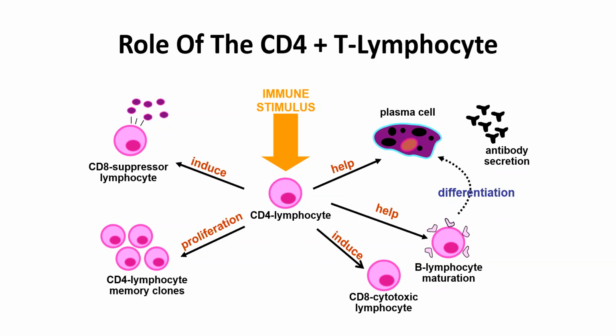Let's take for example an army. You're attacking the commander in chief of the army, which means the army will no longer be really effective in terms of fighting and responding. So that's why you see the immunosuppressive effect of HIV is so huge, because you are targeting a central cell.